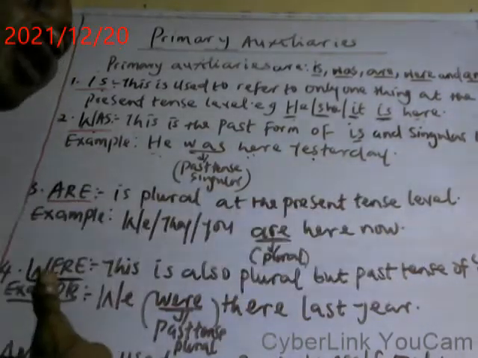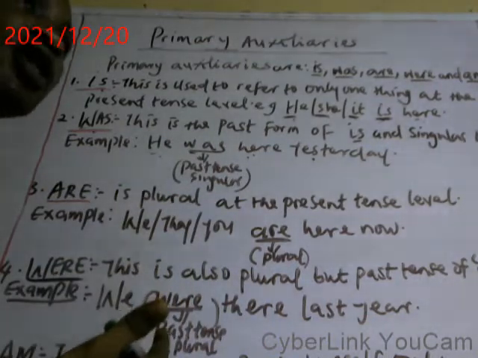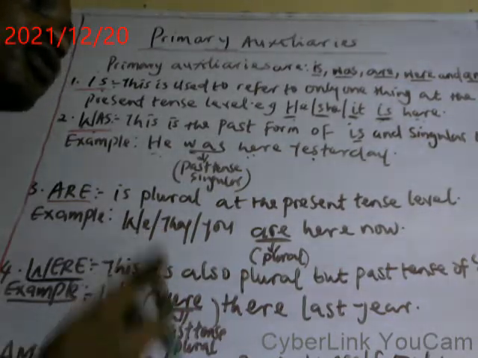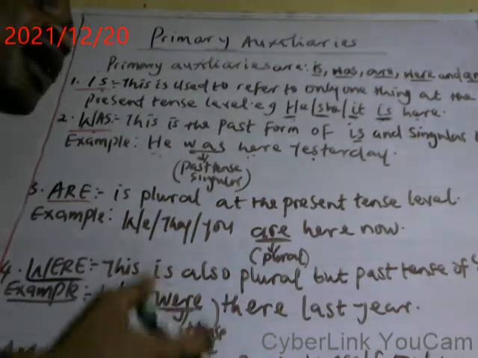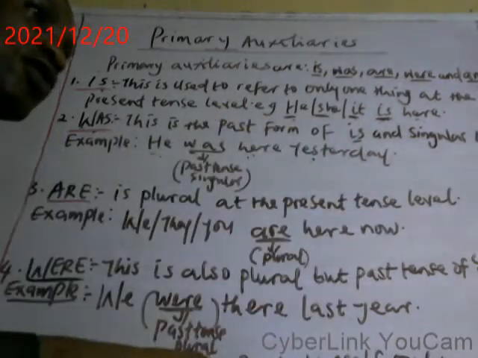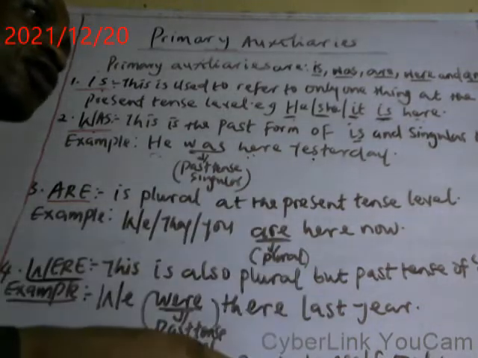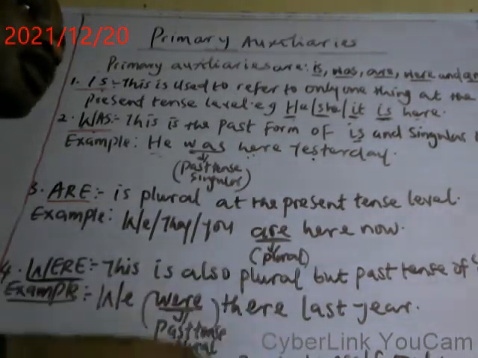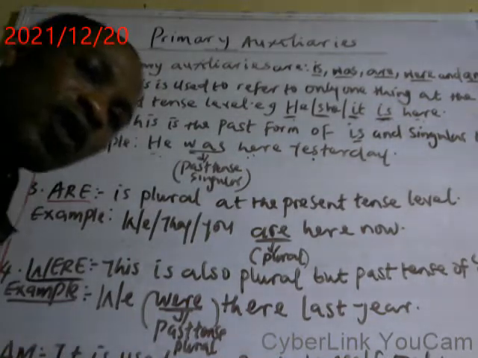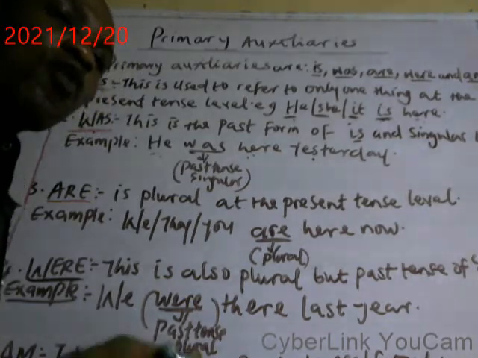But right now let's shift our focus to primary auxiliary. "Are", A-R-E, is the plural present tense of the primary auxiliary verb. Ordinarily you know that anything that is called plural involves more than one.